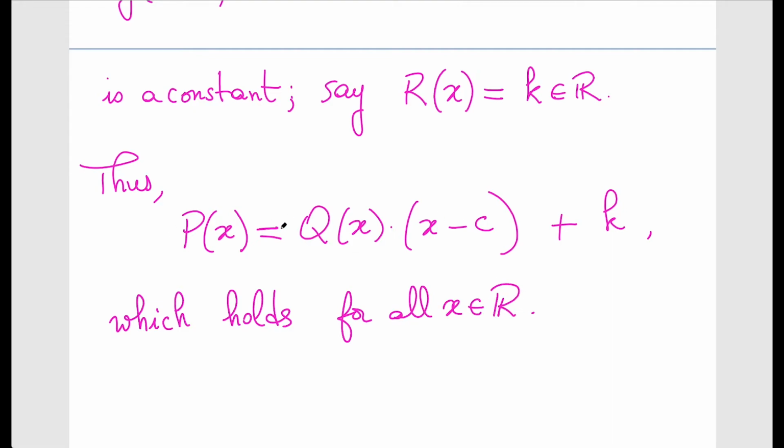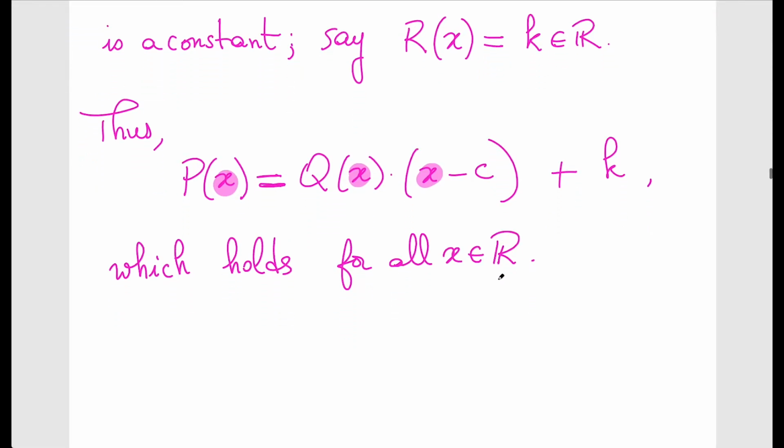So this identity here holds for all choices of x, no matter what you replace x with. You put it here, you put it here, you get a true statement. The left side and the right side should be the same. So let's make a choice of a special x so that we find k.